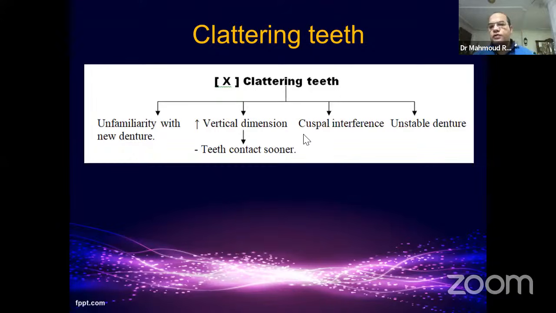Increased vertical dimension of occlusion is also a very common cause, because there is not sufficient interarch space that the patient can use to speak, and the teeth contact sooner, so it makes a noise during speech. Cuspal interference may also be a problem. Unstable denture: if the denture falls during speech, it will cause clattering.